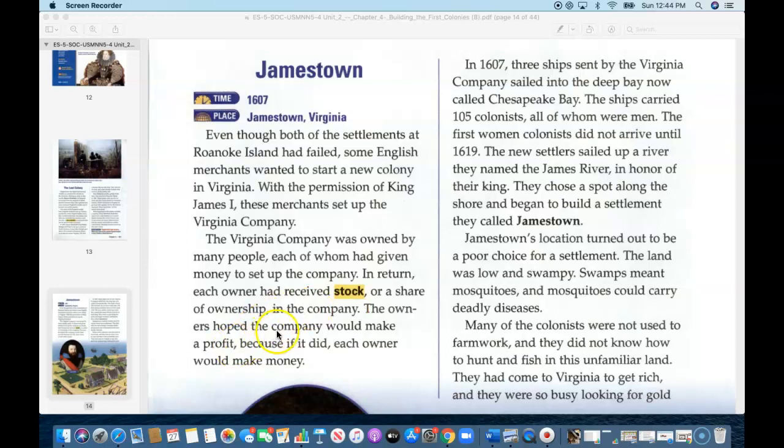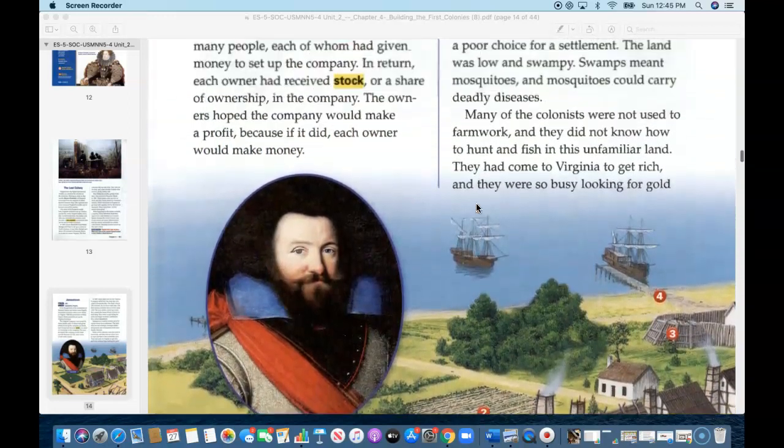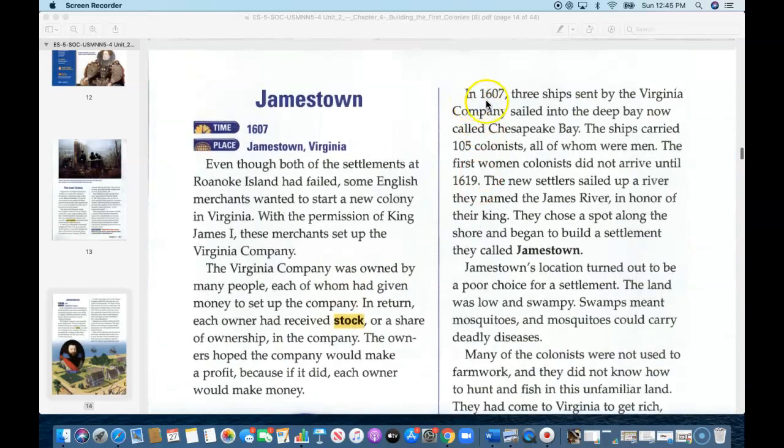The owners hoped the company would make a profit, would make some money, because if it did, each owner would make money. And there's John Smith. In 1607, 3 ships sent by the Virginia Company sailed into the deep bay now called Chesapeake Bay.